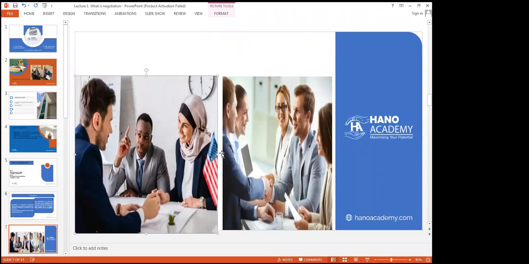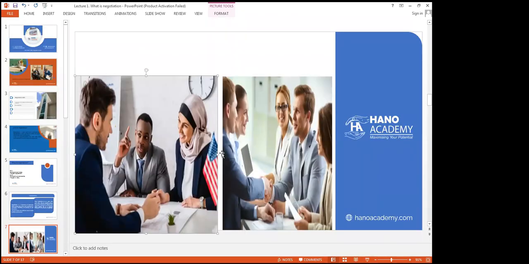There's a cordial relationship from what you can see on their facial expressions. There's also some writing material. One is holding the writing material.